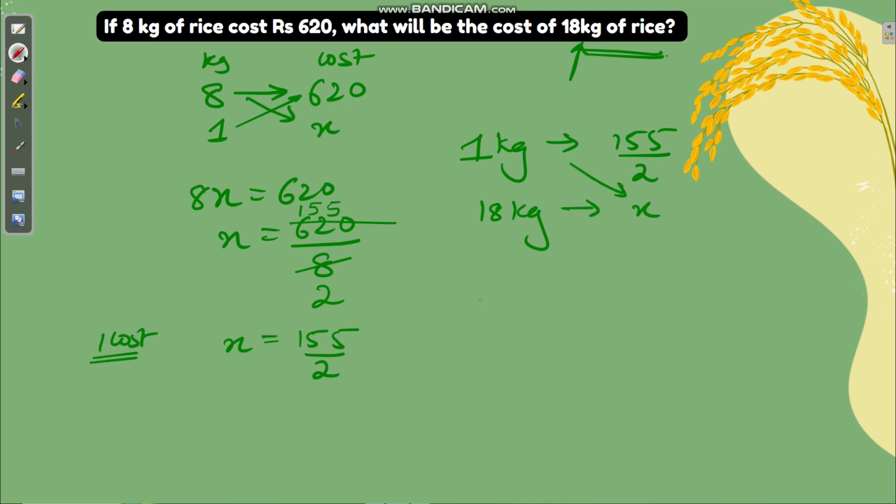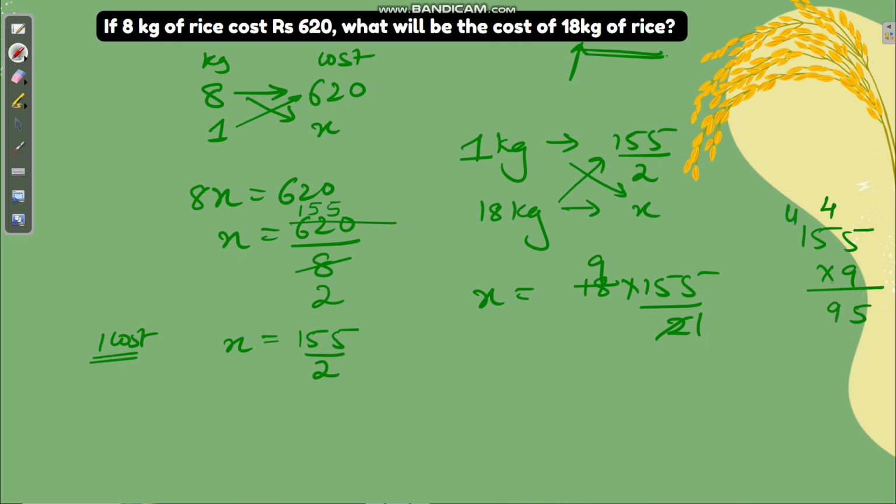So just cross multiply, that is x is equal to 18 into 155 by 2. 2 ones are 2, 2 nines are 18. Now just multiply 155 by 9. 9 fives are 45, 9 fives are 45 and 4 is 49. 9 ones are 9 and this is 13. So the answer will be 1395 rupees. So this is the cost of 18 kg.